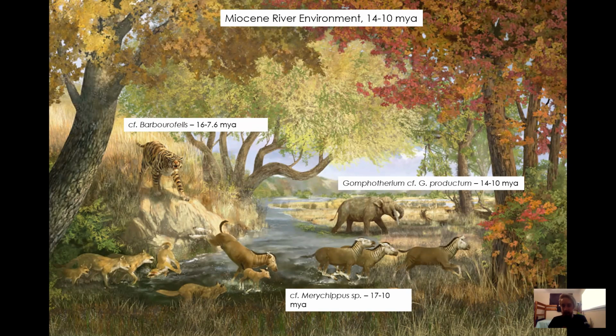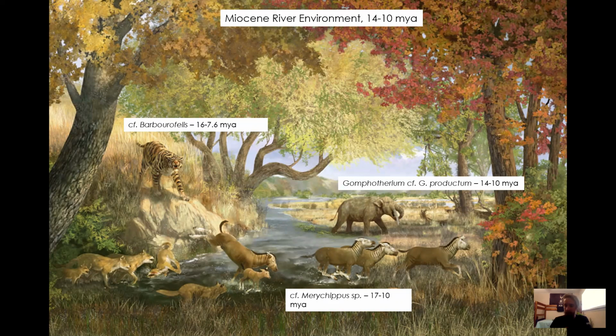We can see that this environment is partially forested and mostly open grassland, which would make sense for a Miocene setting, as well as these animals, which, in the paper that had the Mesohippus dentition with the isotopic analysis, Merychippus was also mentioned.